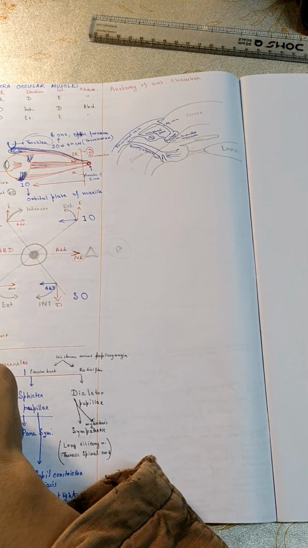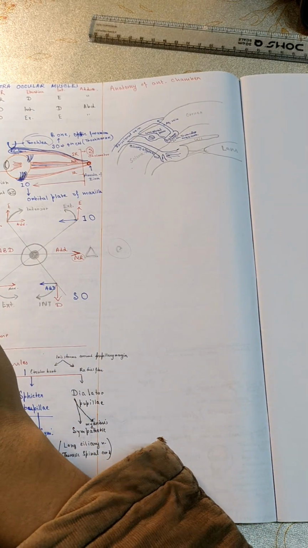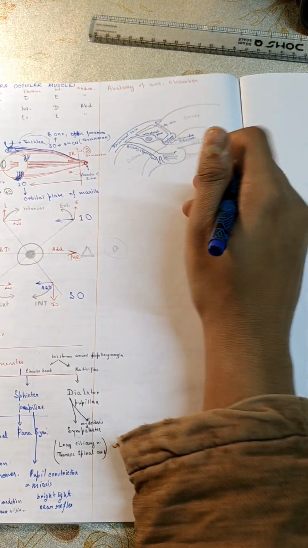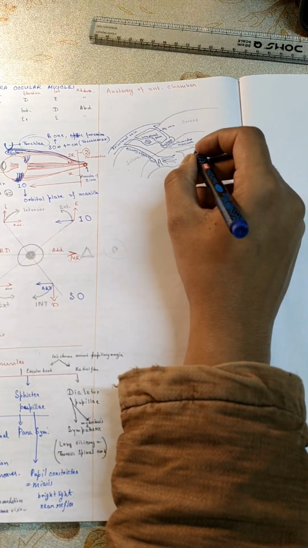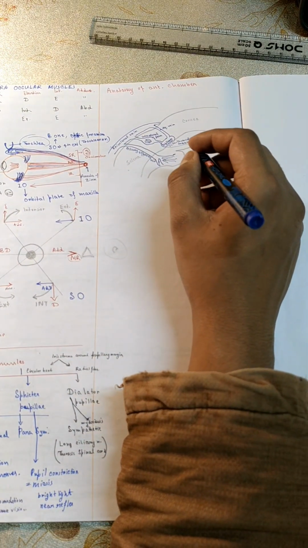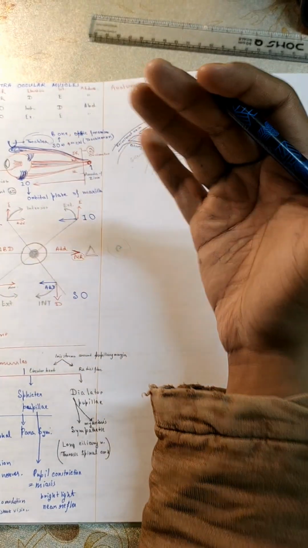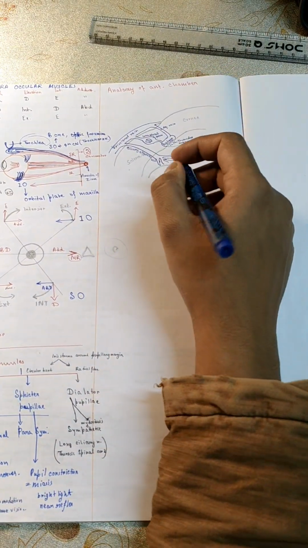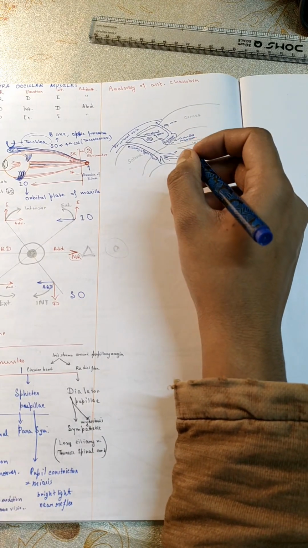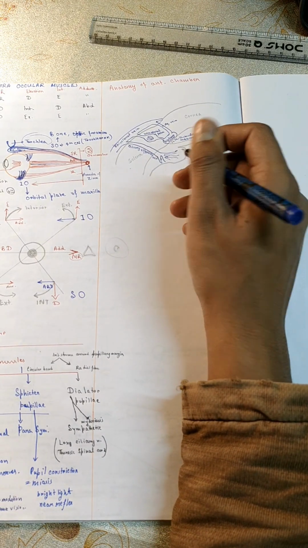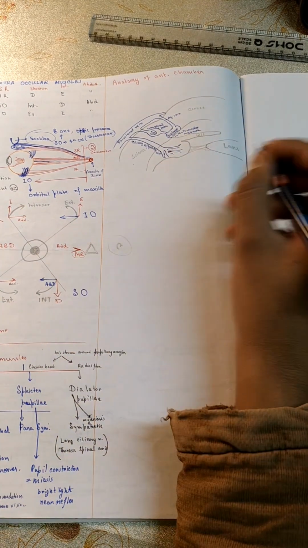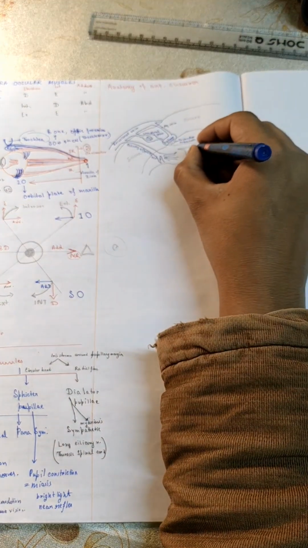So how the fluid is coming here from, it is derived from the plasma. Just make the picture first.